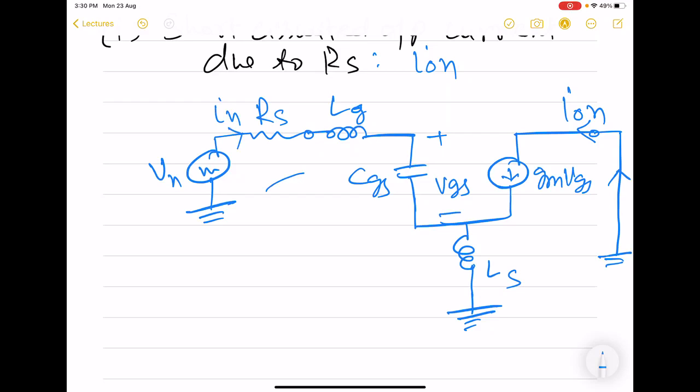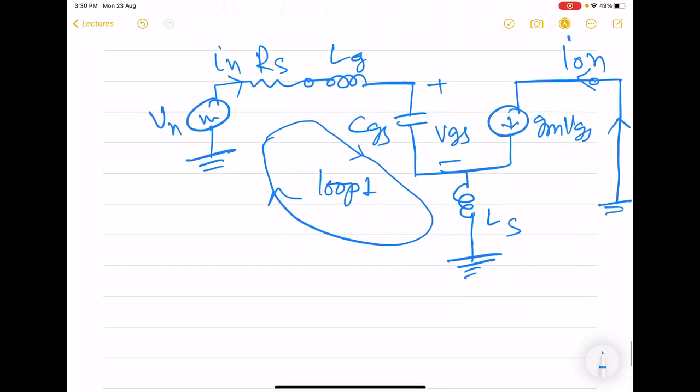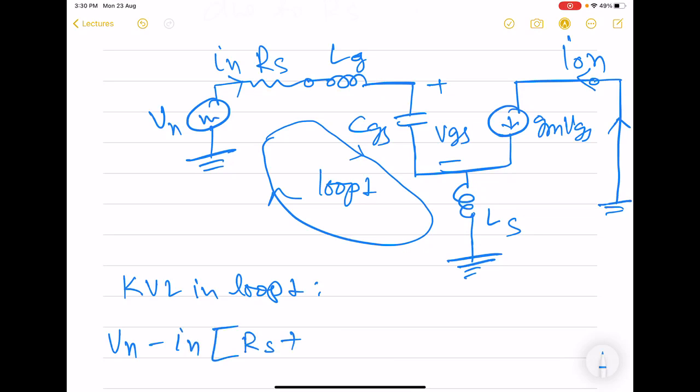So once again we apply KVL in this input loop. This gives rise to Vn minus In into Rs plus j omega Lg minus j by omega Cgs.